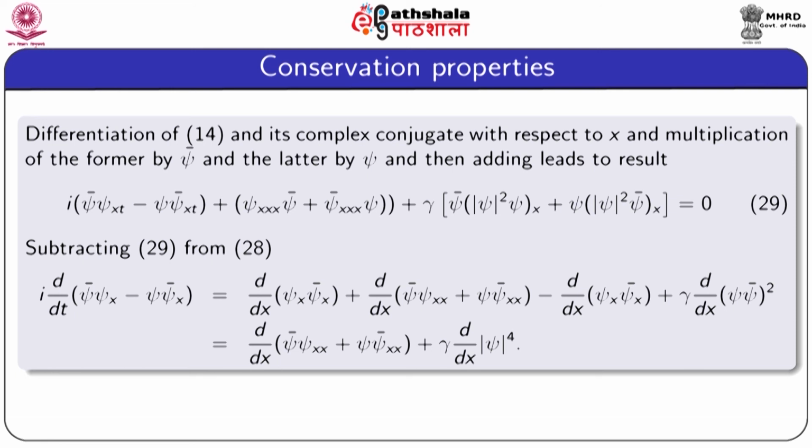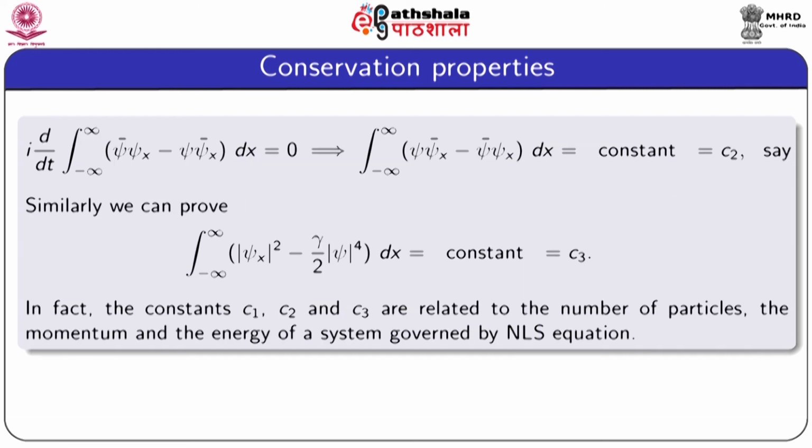we get i d/dt of (psi bar psi x minus psi into psi x bar) after simplification equals d/dx of (psi bar psi xx plus psi into psi bar xx plus gamma mod psi to the power 4). Now, we integrate both sides with respect to x in the whole real axis to obtain i into d/dt of integration (psi bar psi x minus psi x bar psi) dx equals 0.